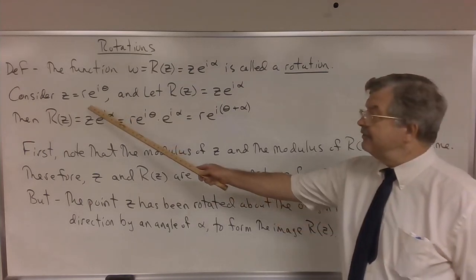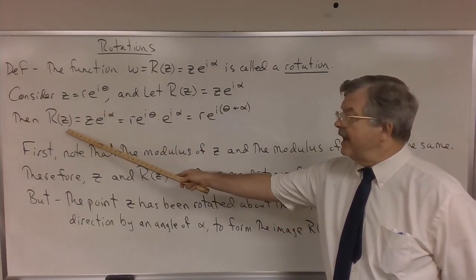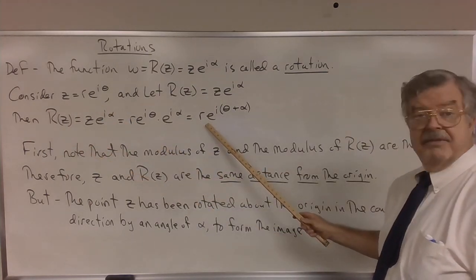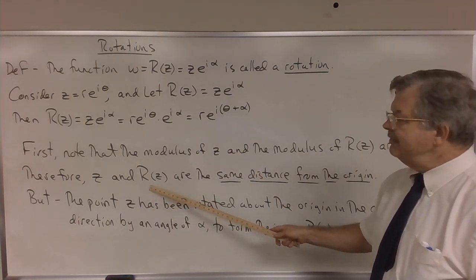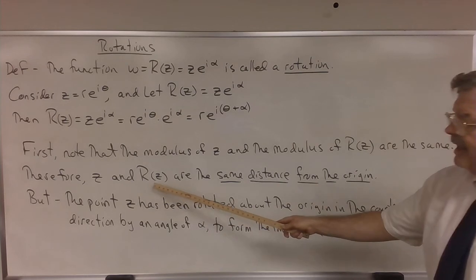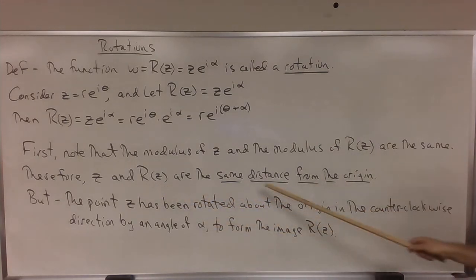See, the modulus of z is r. The modulus of r of z is r also. So one of the things that this means is that z and its image r of z are the same distance from the origin.